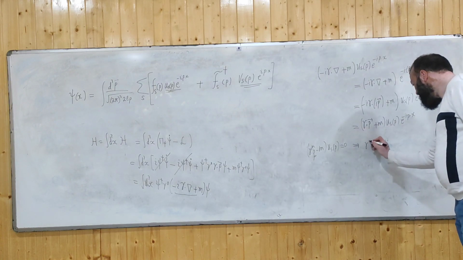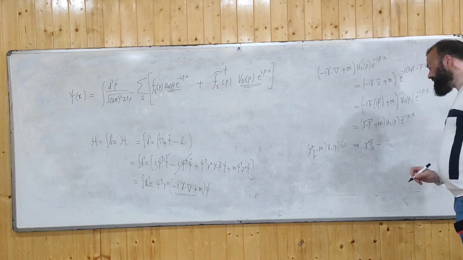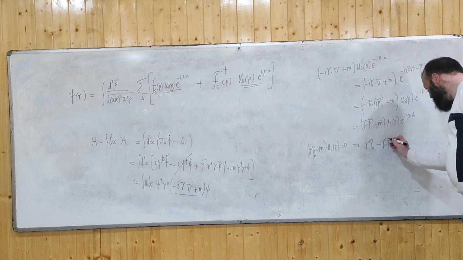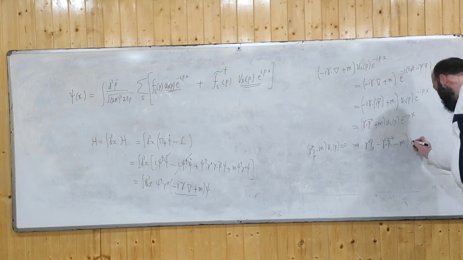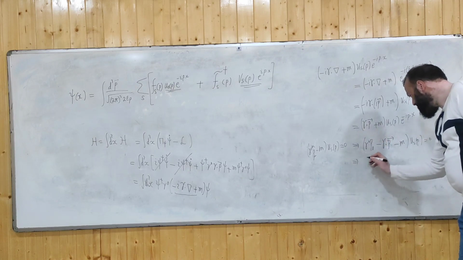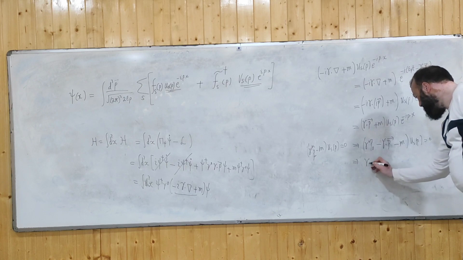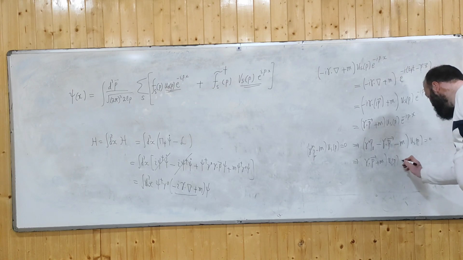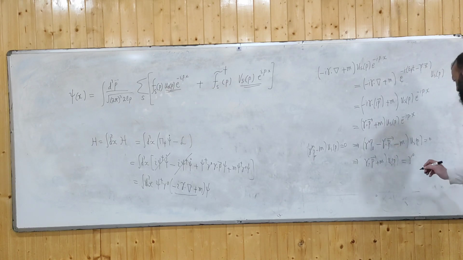So what that gives me is γ^0 p_0 minus γ·p minus m acting on u_s(p), and that is equal to 0. So I will be having (γ·p plus m) acting on u_s(p), which is simply equal to γ^0 p_0 acting on u_s(p).